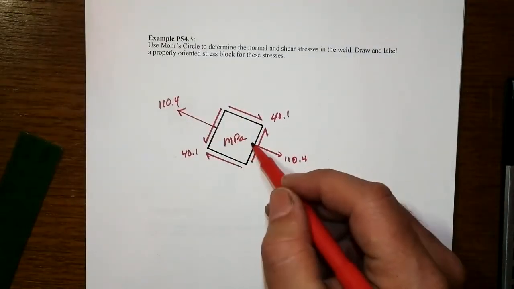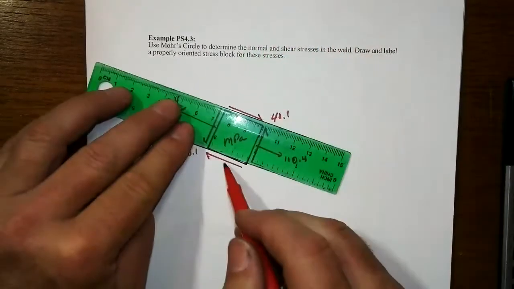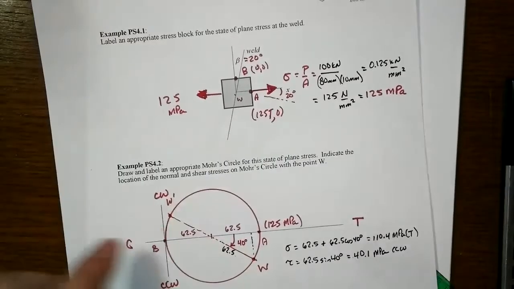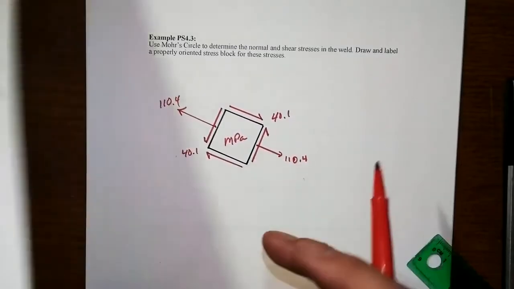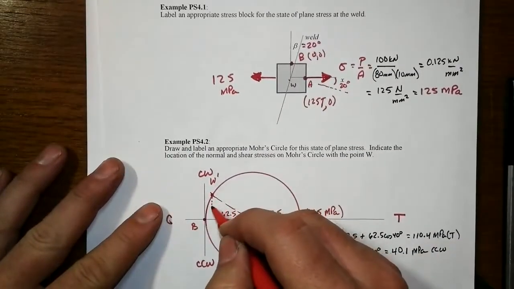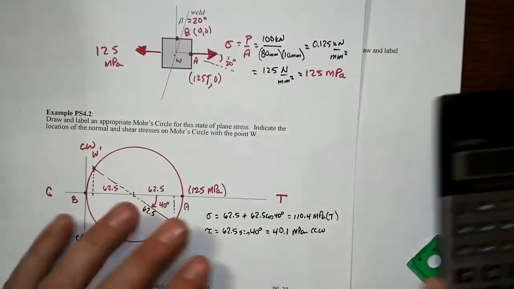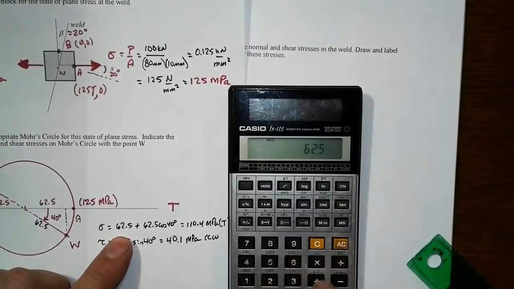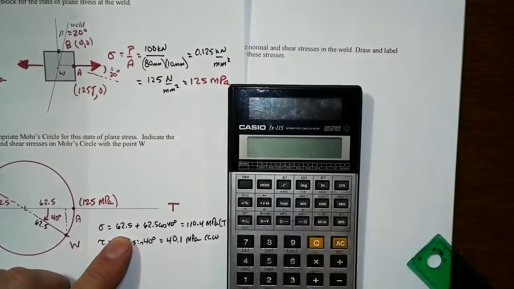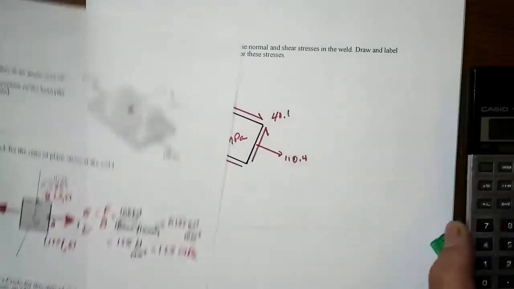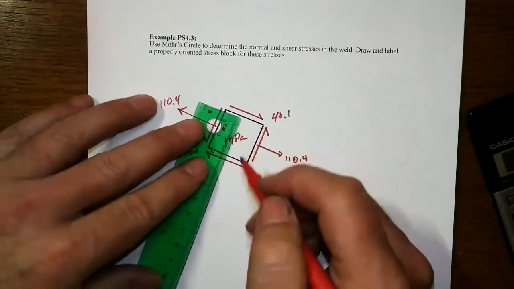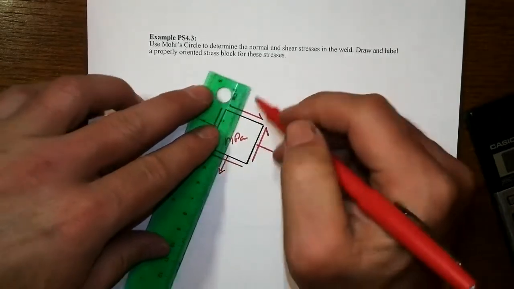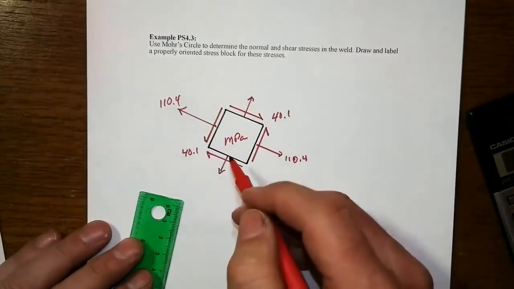Going from here over to this one would be this point. And we've got to find that little value. That's going to be 62.5 minus 62.5 times cosine 40, which leaves a small net of 14.6. That's still in the positive region, so that's still a tensile stress. And of course, they have to be the same.